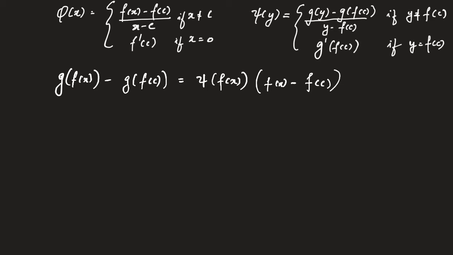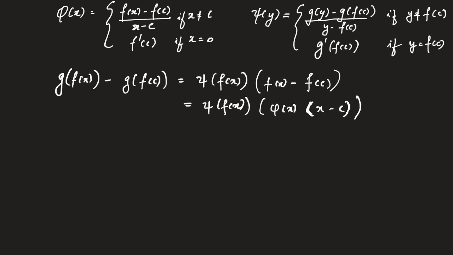Just from the definition of psi. From that, this clearly follows. But now, notice that we can write this as psi of f of x. I'm keeping psi of f of x as it is. But f of x minus f of c is equal to phi of x into x minus c.